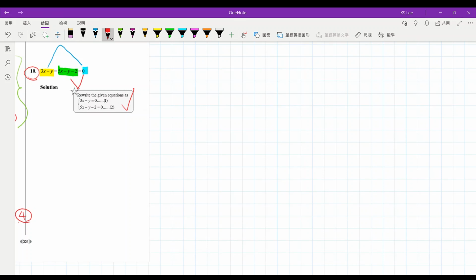Because we don't have the value of x and we don't have the value of y, let's start the change of subject. We have to start with the first equation to make y the subject first.